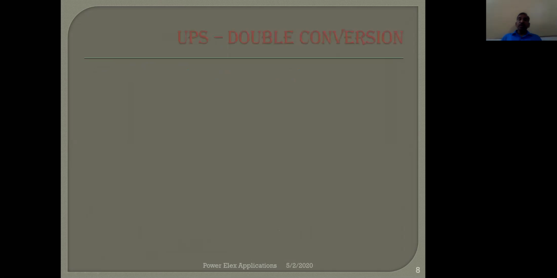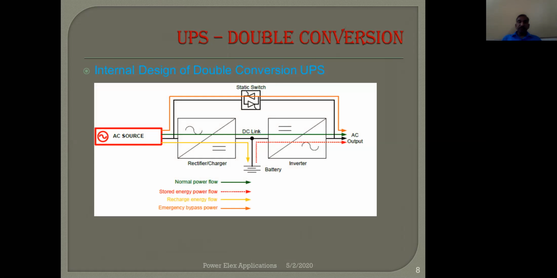Beyond this, we need to go to double conversion. Double conversion means converting AC to DC and DC back to AC. So how does it work? You can see the controlled rectifier arrangement, inverter arrangement, loads, and sources. The normal power flow is AC mains converted to DC through this rectifier.